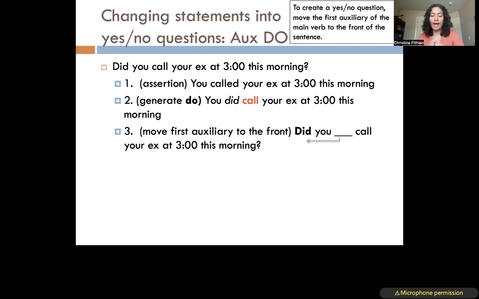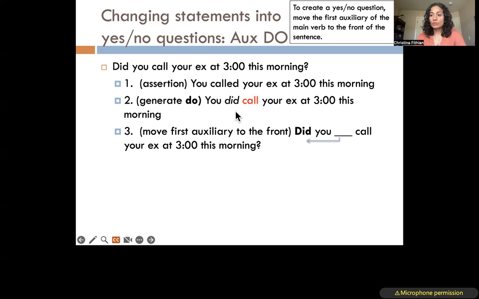So you're going to say, okay, I don't have an auxiliary verb. So now we're going to add a step. I need to create an auxiliary verb, and I generate do. You see, do is just kind of a placeholder, really. It's only generated just to satisfy the grammatical requirements of the sentence, but it's not really doing anything else otherwise.